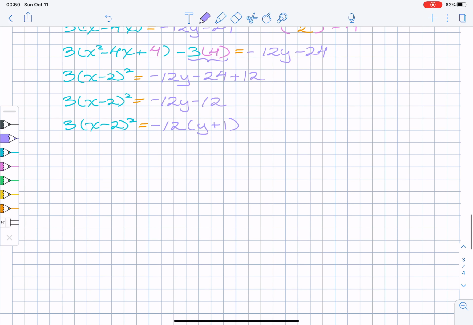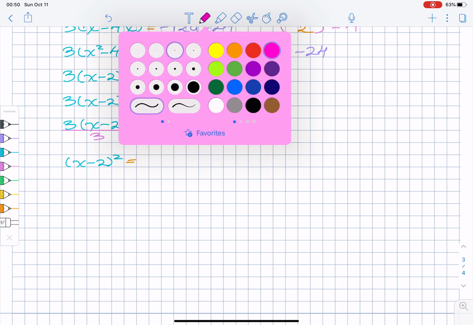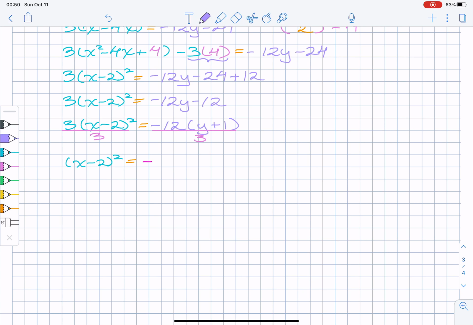But I'm still not done. I need to divide through by the 3 we have here. So let's divide both sides by 3 so that it's in the form. So now we have quantity x minus 2 squared is equal to negative, well, 3 goes into 12 4 times, so 4 times 1 times y plus 1.